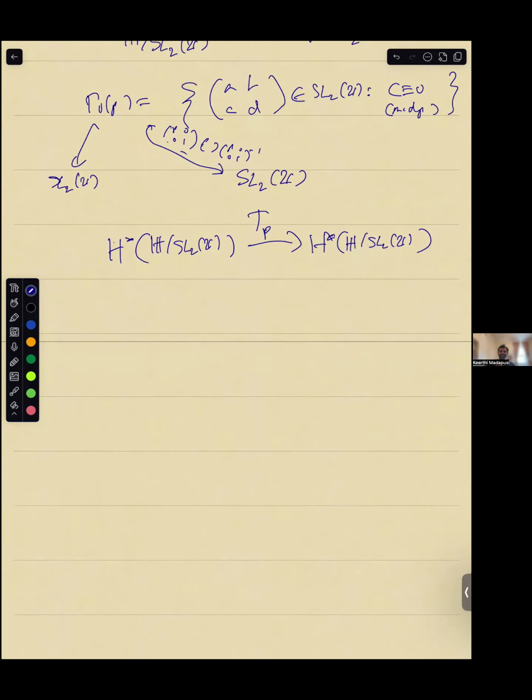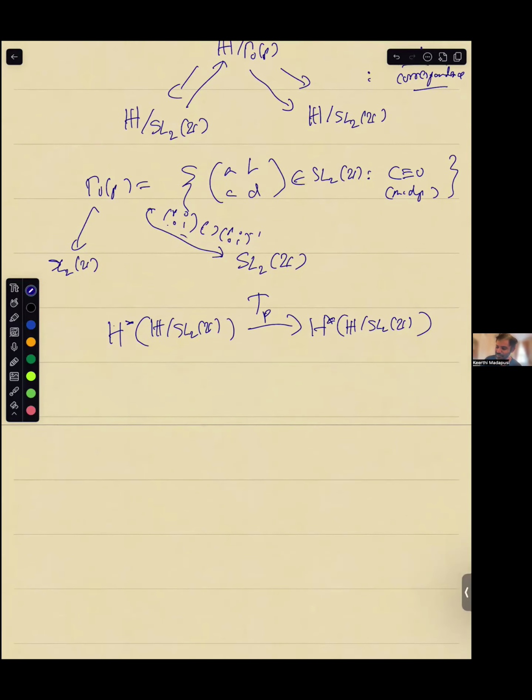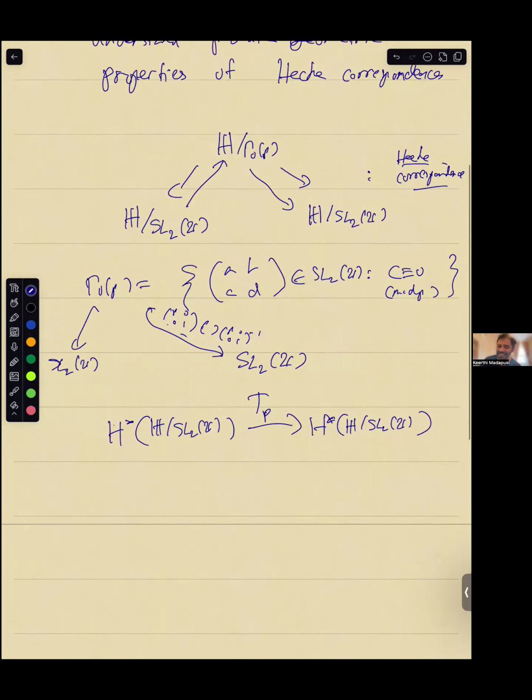The thing that's nice about this correspondence and makes it manageable is that these maps are actually finite étale in this setting. And so this push-pull that you're trying to do usually works quite well in any cohomology theory.